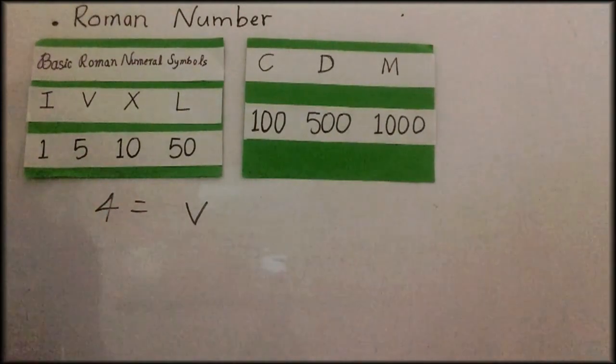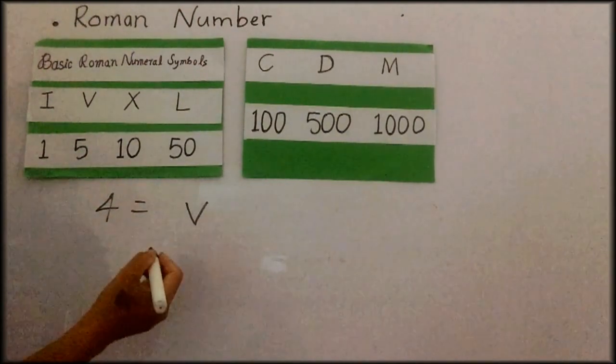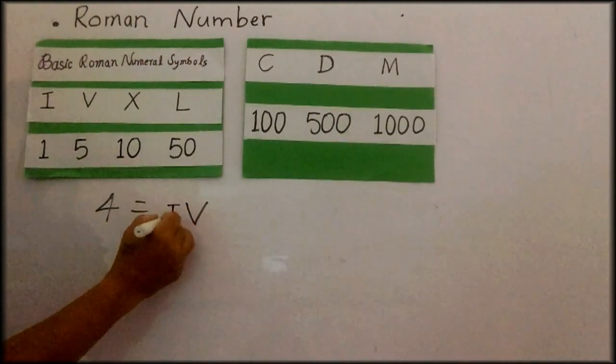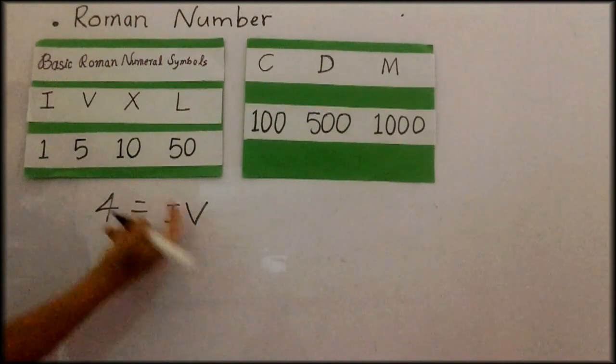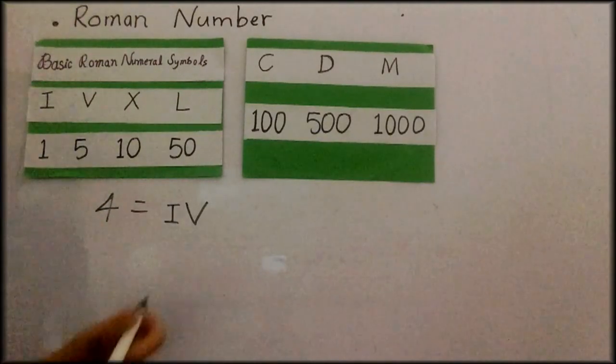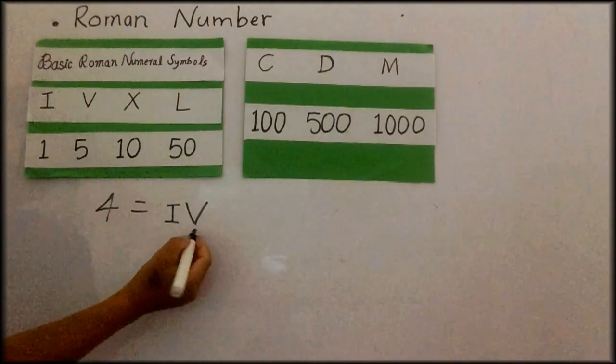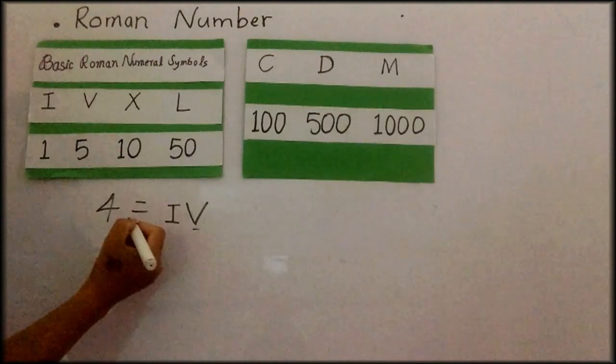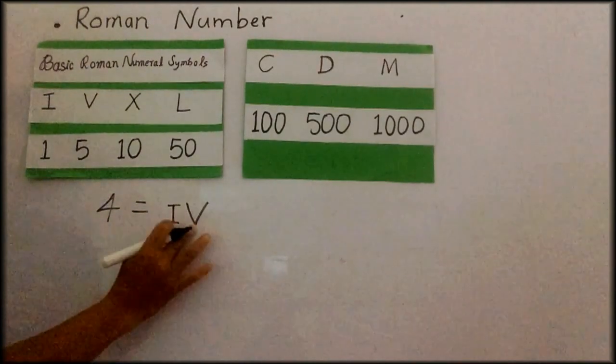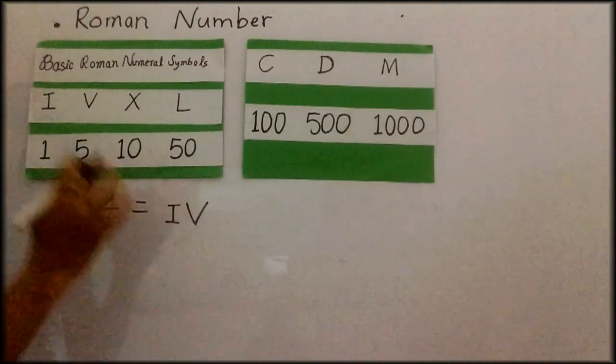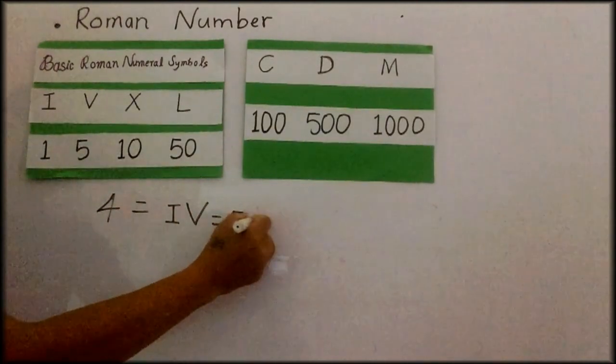For that, we have another rule. We have to write V first. V represents 5, so 5 minus 1 is 4. Minus 1 means the smaller letter we have to write before the greater letter. You have to remember here, V is the greater letter, I is the smaller letter.